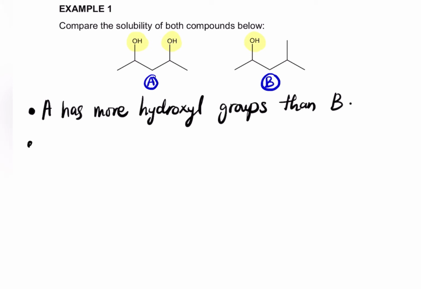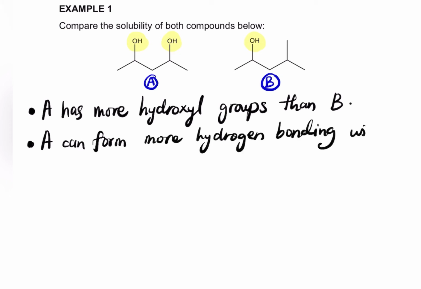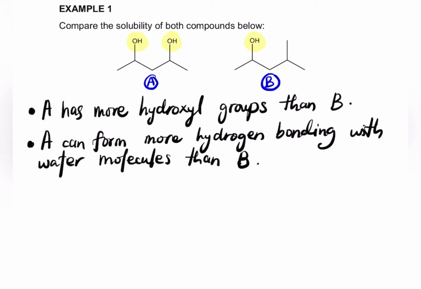And the next one, you can write it down for the next point. What can it contribute? It can say that A can form more hydrogen bonding with water molecules than B. So this is the second point, talk about the hydrogen bonding.